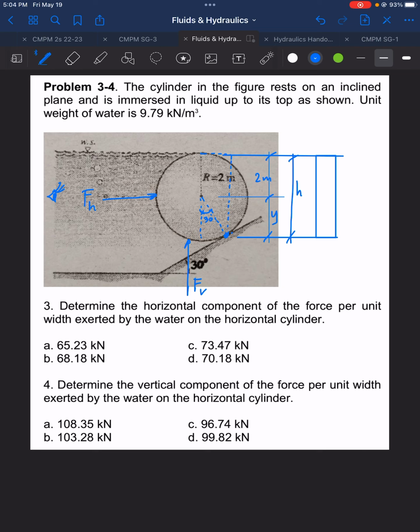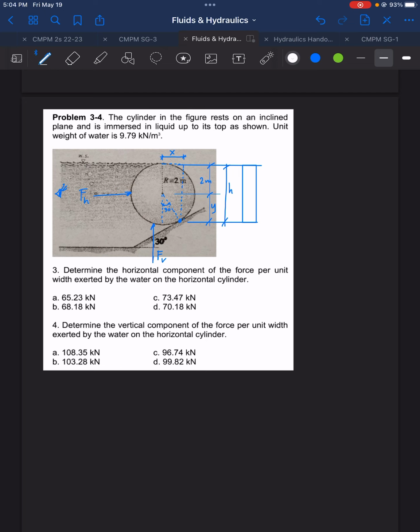We need to find the value of x. For the value of y, we have cosine 30 equals y over 2. Therefore, y is equal to 1.732 meter. And then we have the value of x. We have sine 30 equals x over 2. Therefore, x is equal to 1 meter.